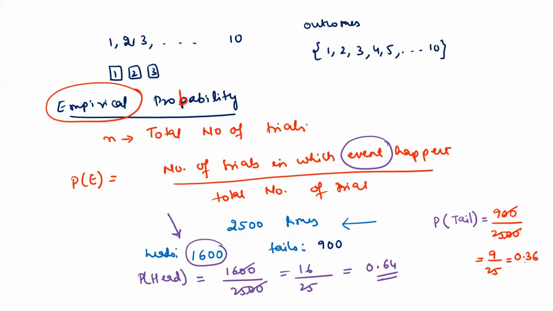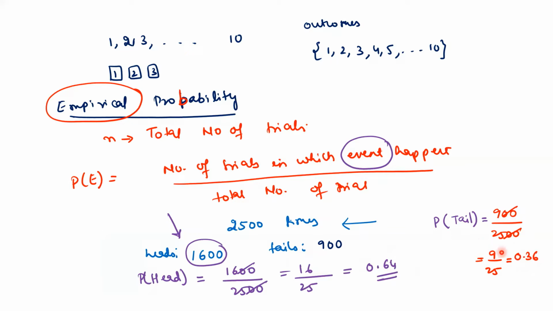Now, we know head will occur, tail will occur. I want you to observe one thing. There are only two events happening in this experiment, head or tail. What is the probability of the first event? 0.64. What is the probability of the second event? 0.36.